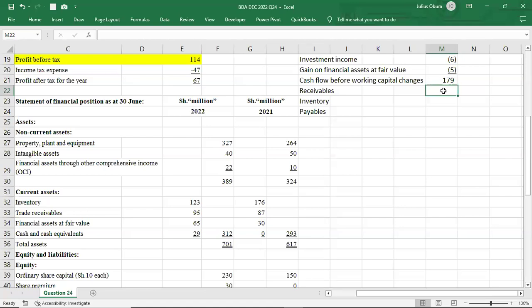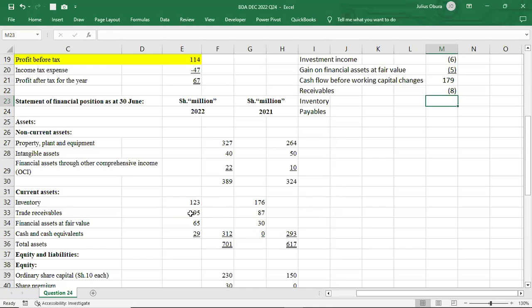So for our receivables, we subtract the change, and this is equal to 87 minus 95. It comes in that order.